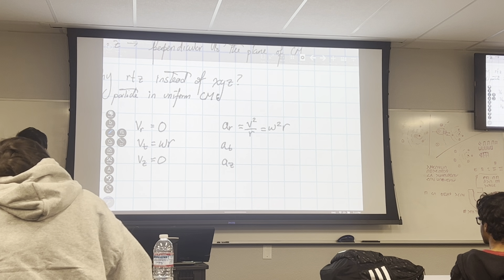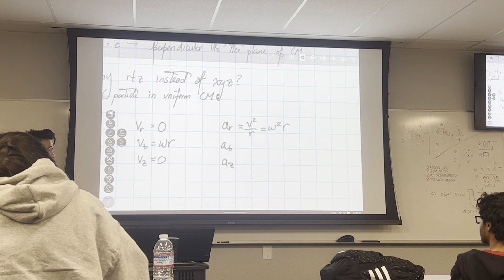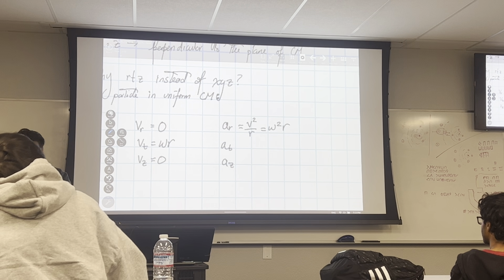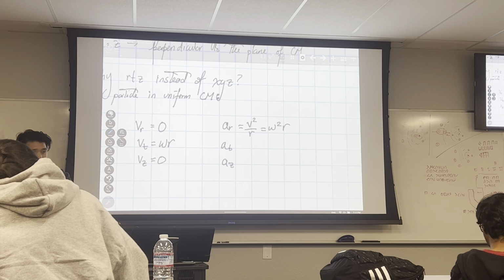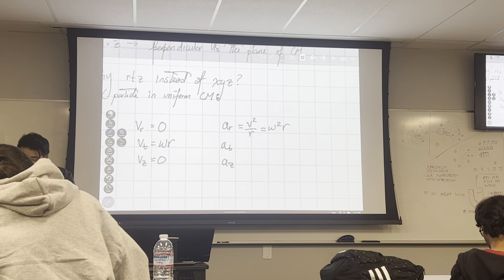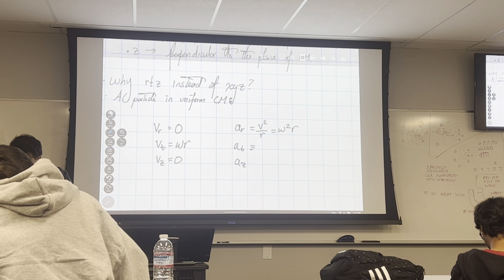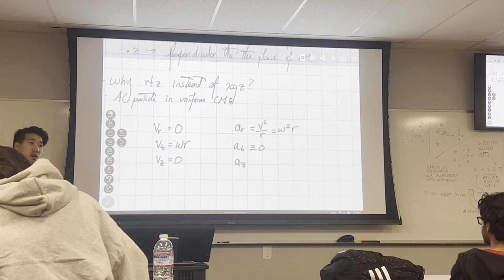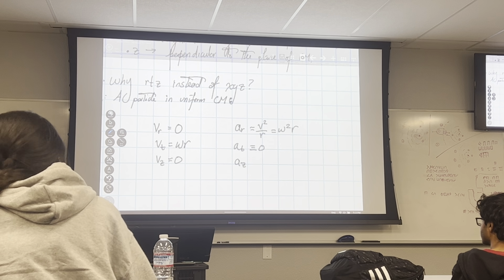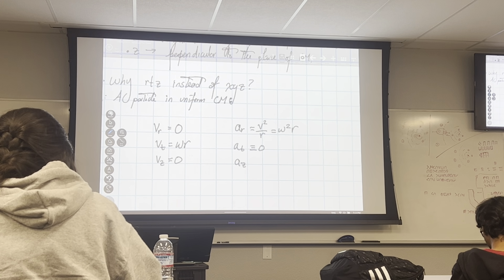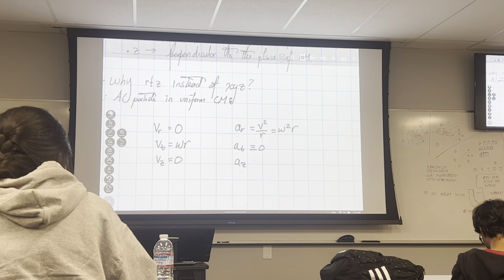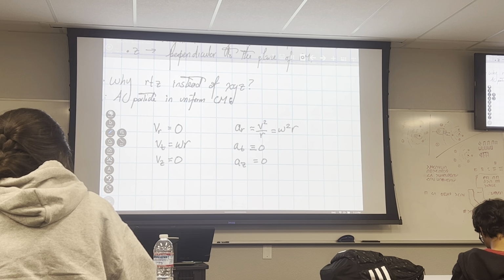So you just need some of those velocity components as well as the radius of your circular motion, and then you are good. In uniform circular motion, the tangential acceleration is defined as 0. That's what it means to be uniform, that you're not speeding up or slowing down. And the acceleration in the z direction is equal to 0.